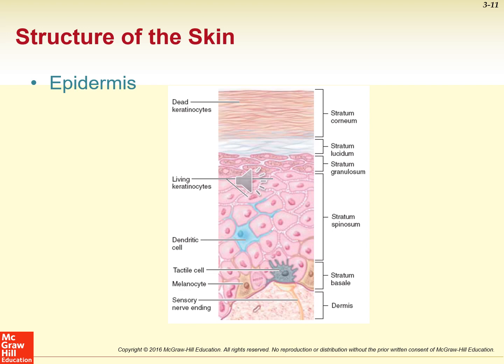Dandruff is clumps of these cells stuck together with sebum, which is oil from sebaceous glands opening into hair follicles. In this structure does the stratum lucidum exist on the palms, soles, fingers, and toes.